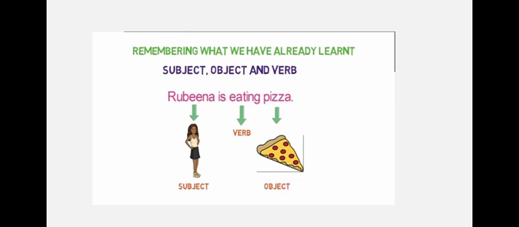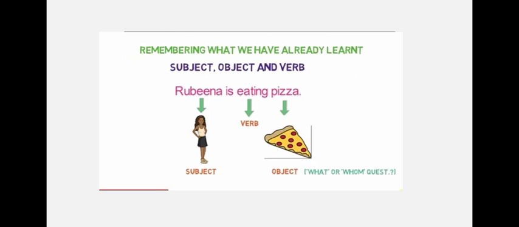By the pizza. Are you getting me? So here, pizza becomes your object. So like I said, in order to be an object, it has to answer the question what or whom, okay, as you can see in the picture.